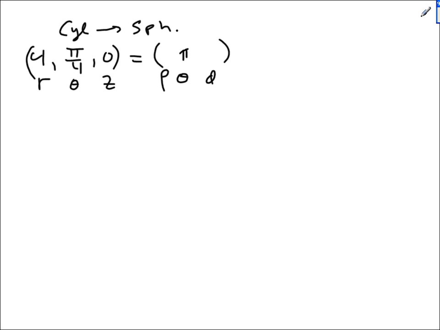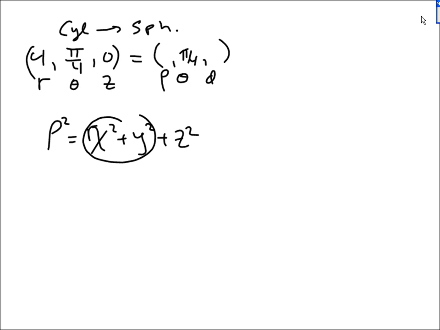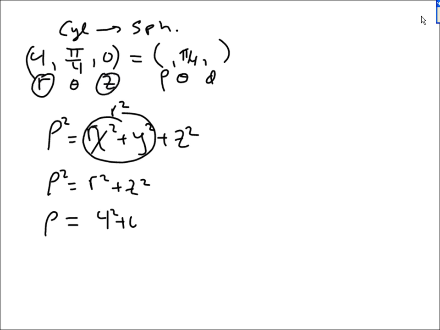Well, I'll jump on the theta since it's pi over 4. Now, remember, rho squared is x squared plus y squared plus z squared. But that's r squared plus z squared. That is, rho squared is r squared plus z squared. Well, I'm given r, I'm given z. It's 4 squared plus 0 squared, which is 16. Well, rho squared is 16, then rho is 4. And we have rho.